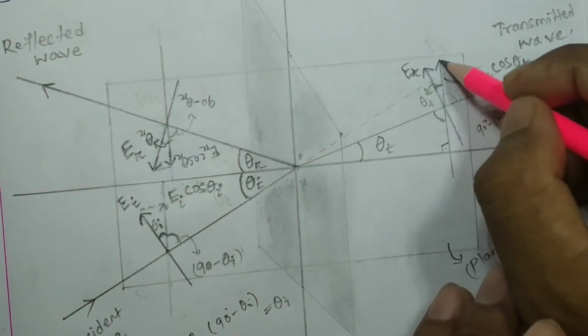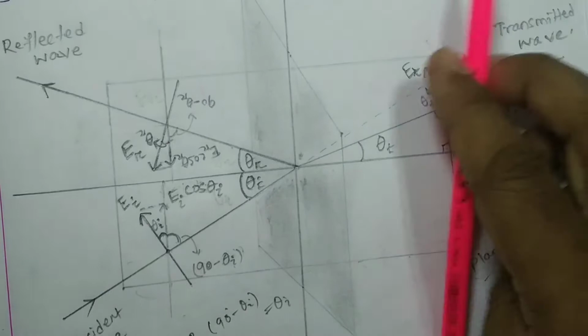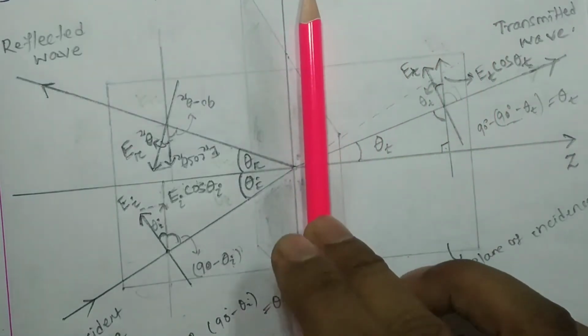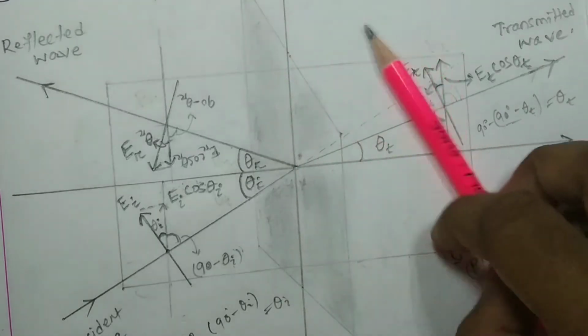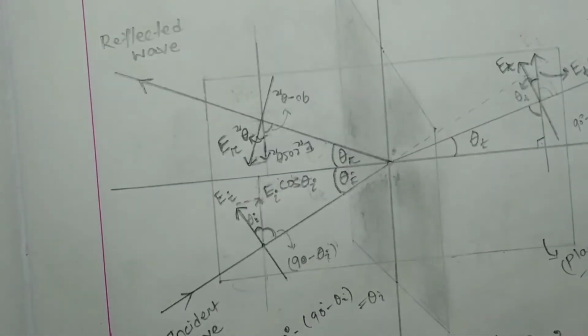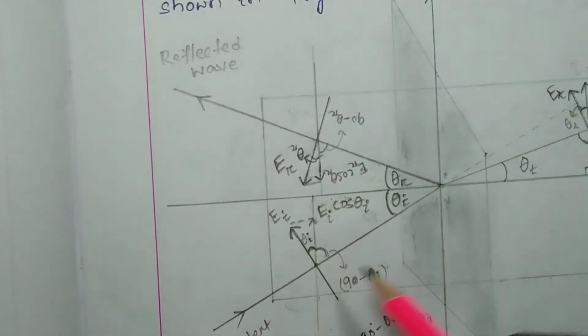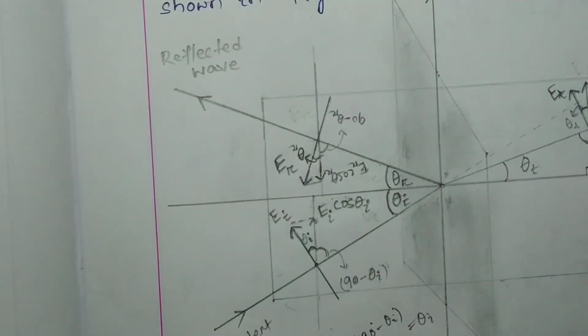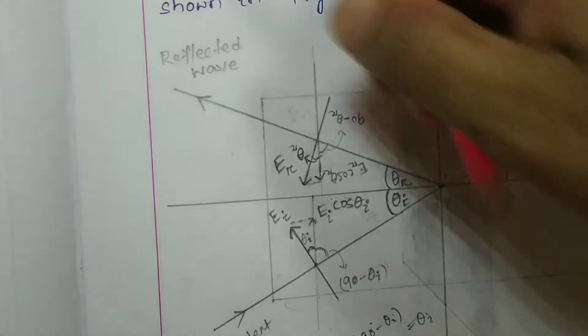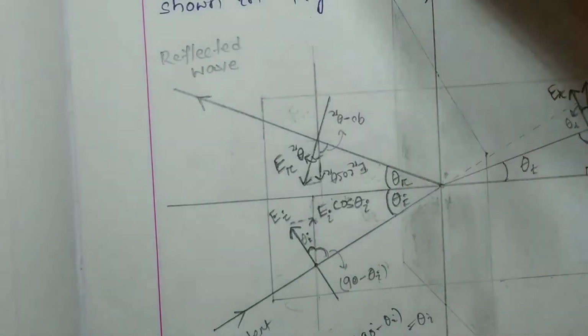You can see this ET cos theta is parallel or tangential to the interface, right? Now we have to discuss the reflected one. This is your incident, transmitted or refracted, and this is your reflected. I think I have to rotate my note, it will be better.